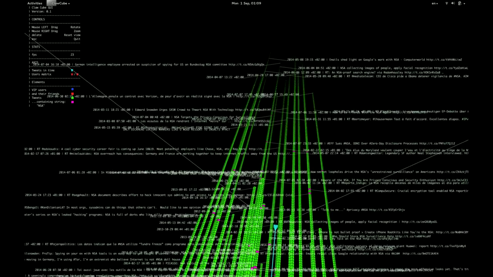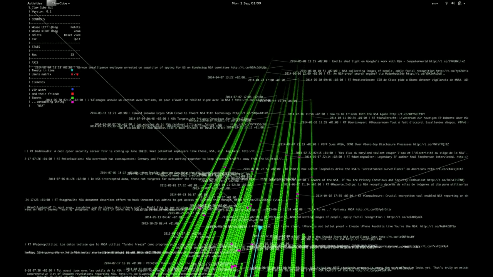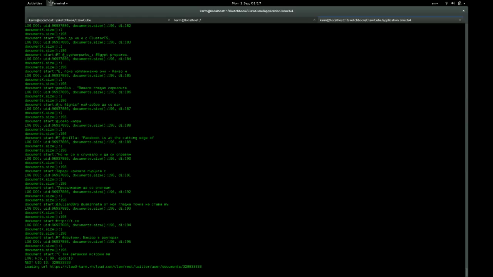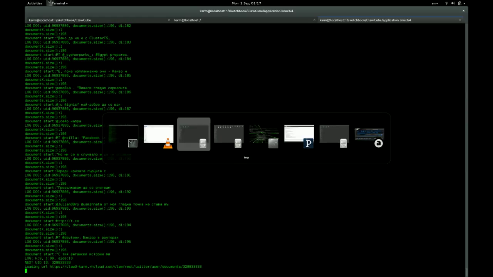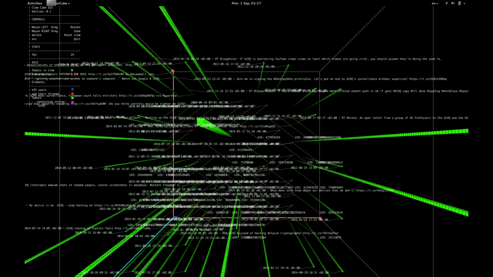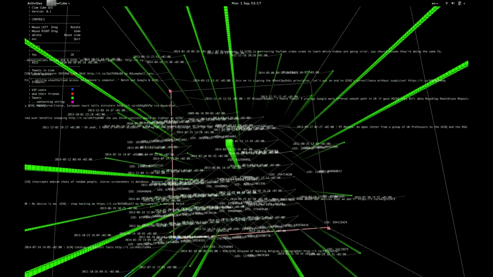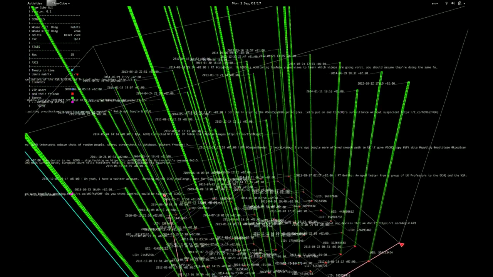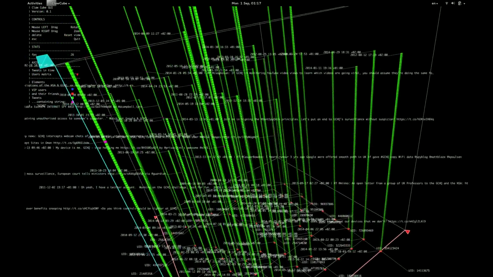Well, let's take a look at a set of 100 friends. Here we go, and look up the word GCHQ, the British Internal Security Agency.